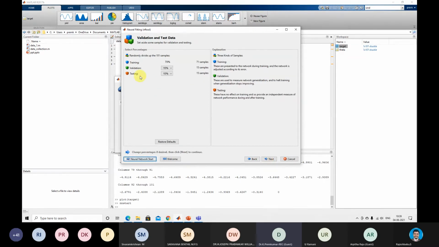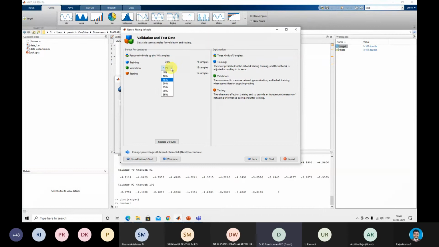Here you can see that you are going to fix the training samples for training, validation and testing, right? In total there are 101 samples, so training has 70%, validation is 15% and testing is 15%, right? You can vary the samples also.